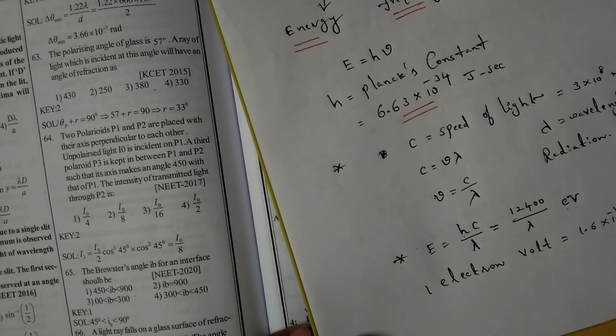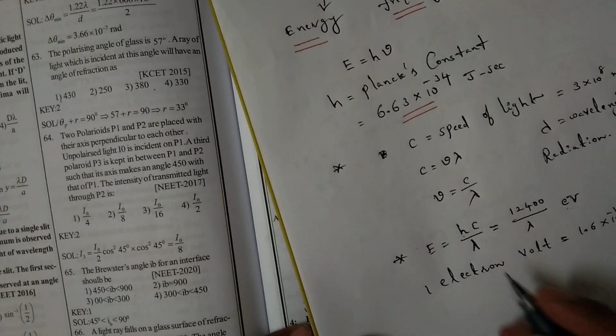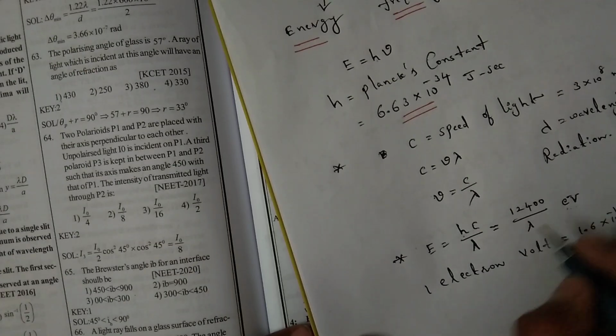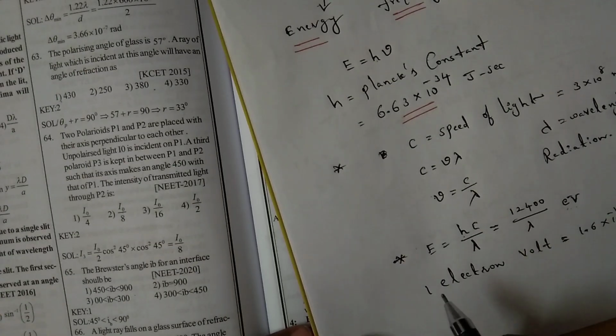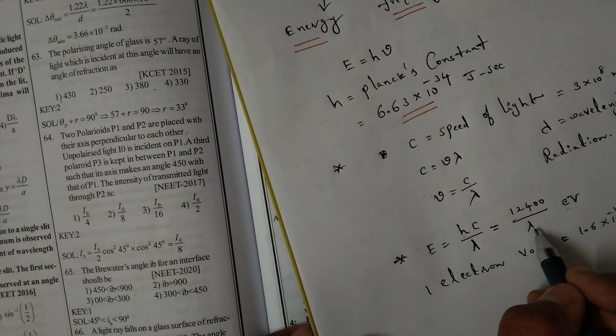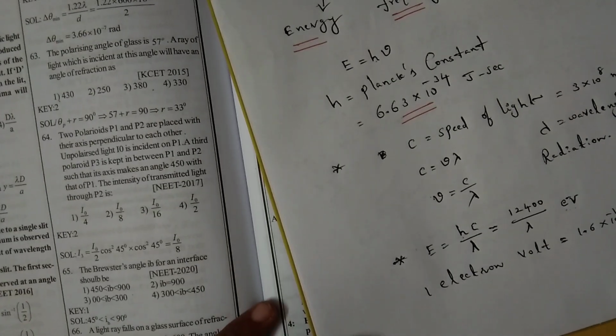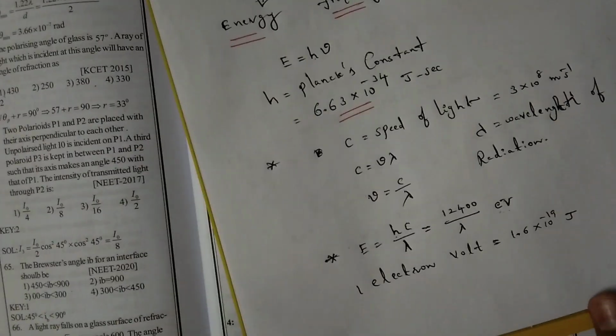Okay, and now here we are taking the next one. This is a very important formula. Remember this: E is equal to hc by lambda, 12,400 by lambda electron volts. At the time of teaching itself, if you recollect the formulae, then it is easy to recapture the content.